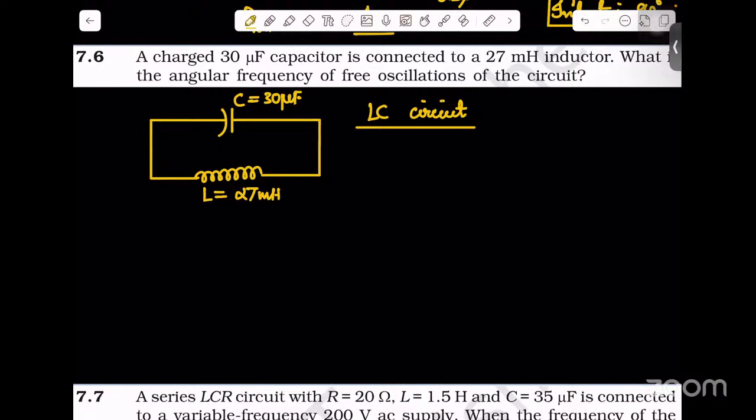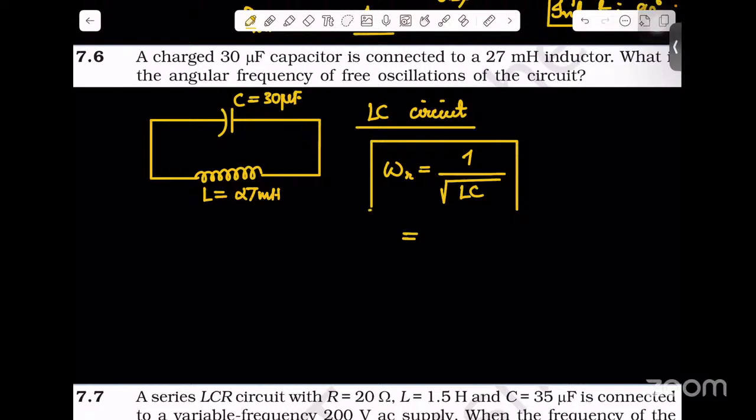We have the formula: the angular frequency of the free oscillations in an LC circuit is 1 over square root of L times C, right? So we'll just plug in the values. You have to remember this formula first of all.